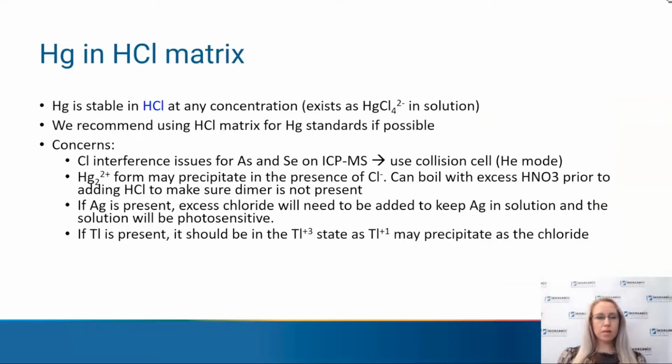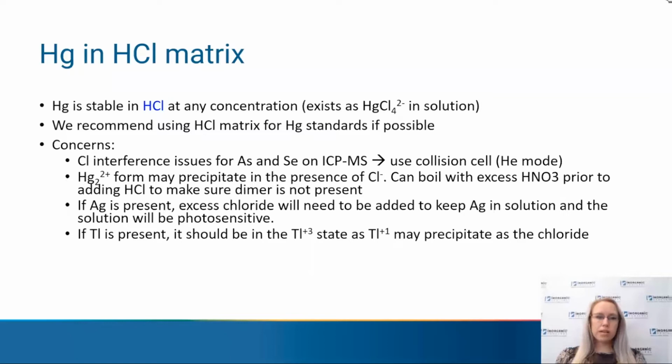We think that the best option for stabilizing mercury in your solutions is with HCl in the matrix. So hydrochloric acid is going to stabilize the mercury, and you're going to be able to store your standards in plastic. You won't require glass because the mercury is not going to stick to the plastic surfaces in a hydrochloric acid matrix.